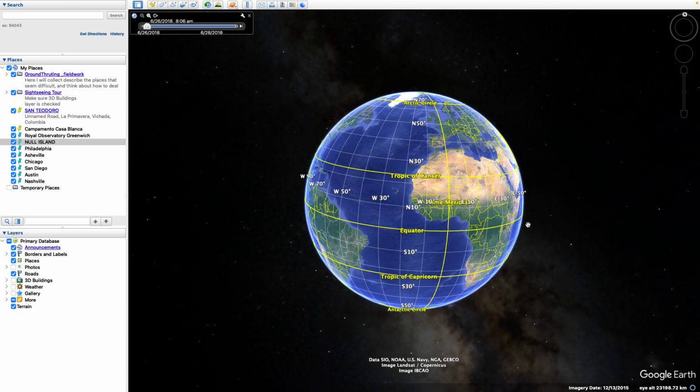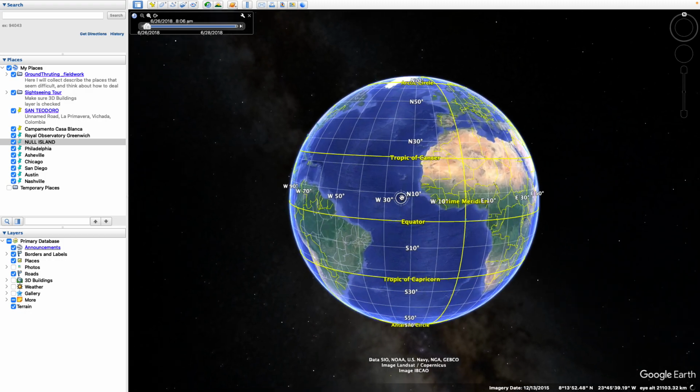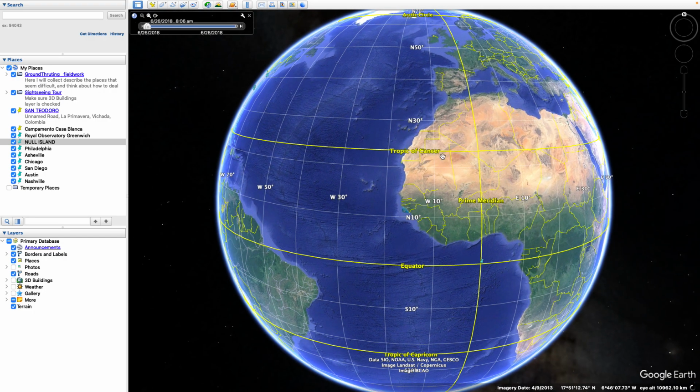The meridians are always the same length, but the parallels become shorter when you go towards the north and towards the south. And those are the streets and avenues of the Earth. Of course, they do not exist. They are a theoretical construct, but this is the way it has been established.